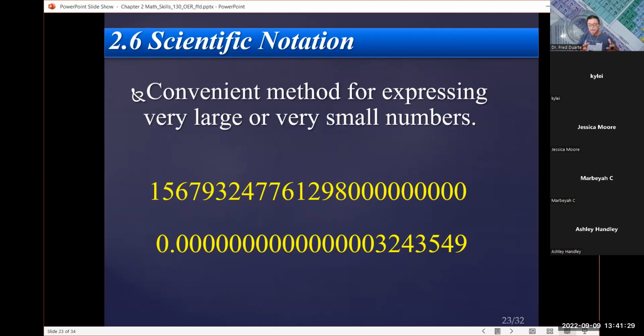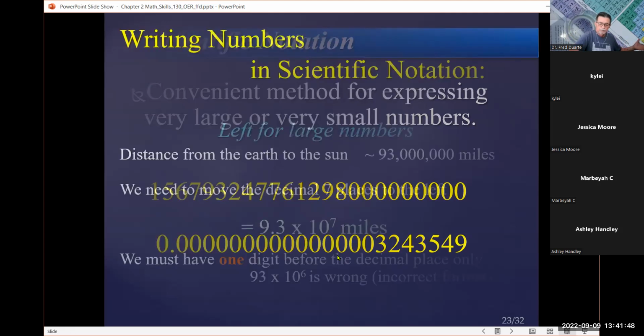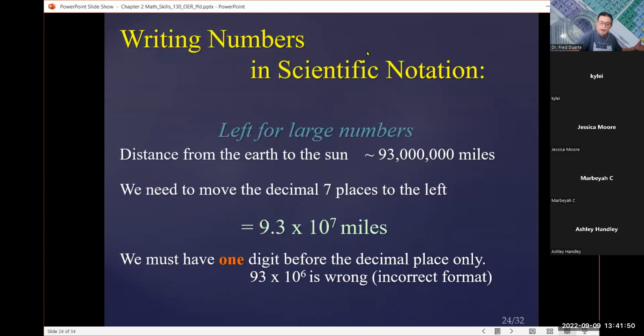So calculators have a format where you can input a very large or very small number, and once you do that, you do whatever mathematical function you need: add, subtract, multiply, divide.